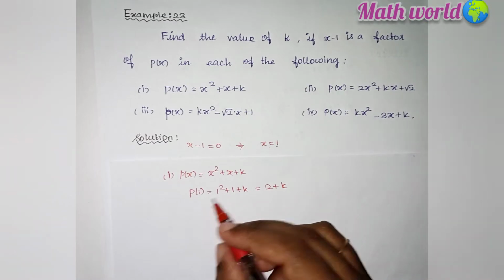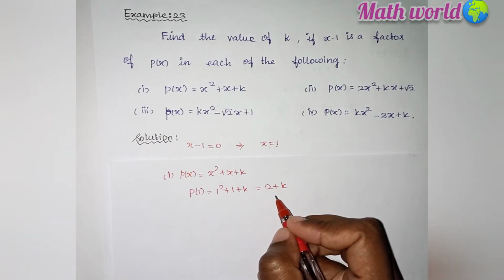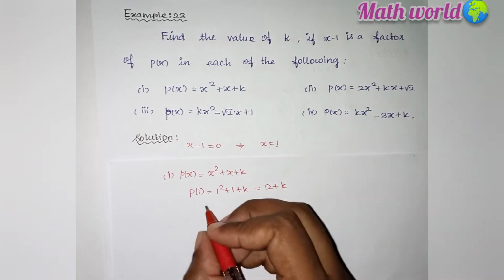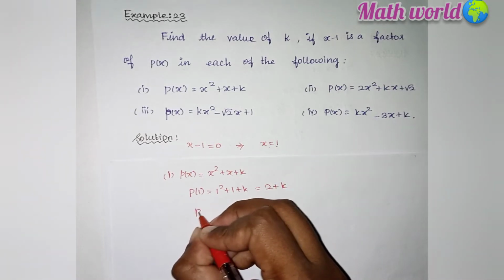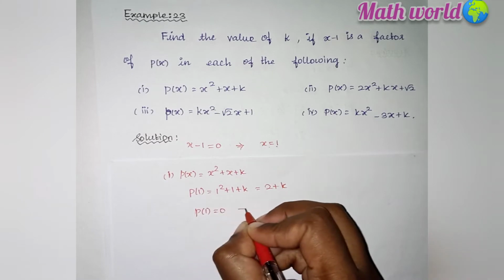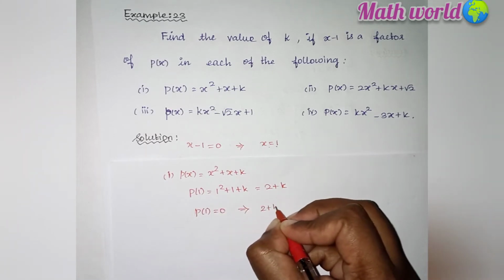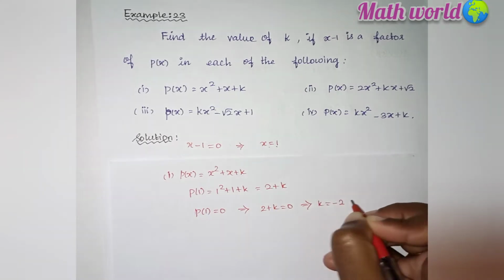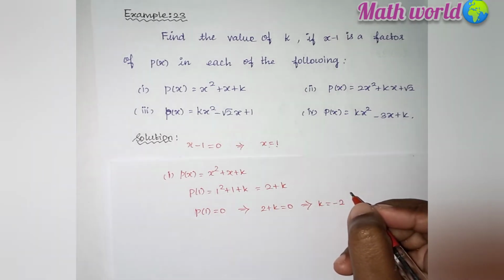So, the value of P of 1 is equal to 2 plus k. We already know that if x minus 1 is a factor, P of 1 is equal to 0. If P of 1 is equal to 0, on the right side 2 plus k is equal to 0. From this, k is equal to minus 2. So, I can find the value of k as minus 2 in the first case.